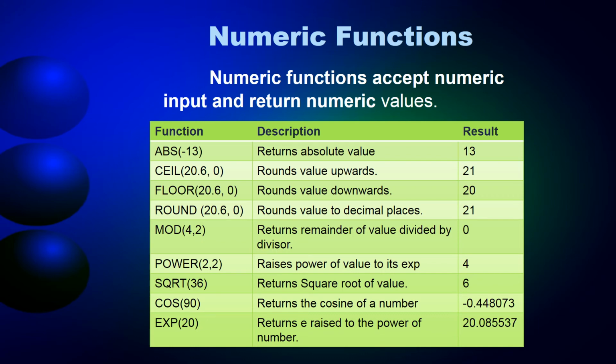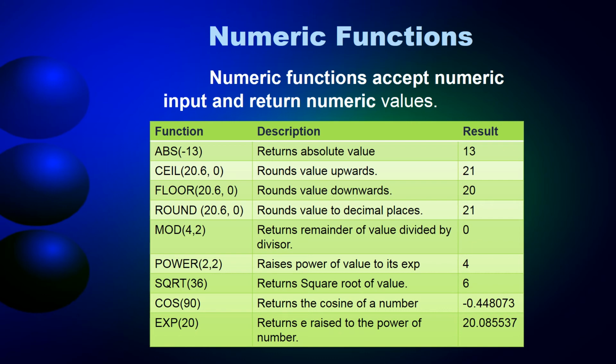Next is the ceil function. The ceil function returns the smallest integer greater than or equal to a decimal value. For example, ceil of 20.6 comma 10 will return 21. So it returns the integer greater than or equal to the decimal value.